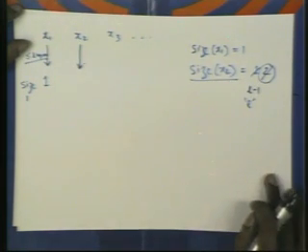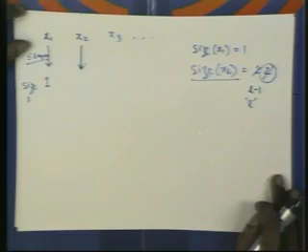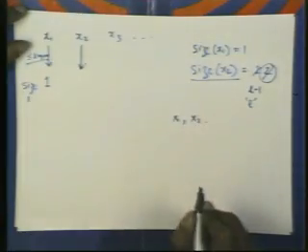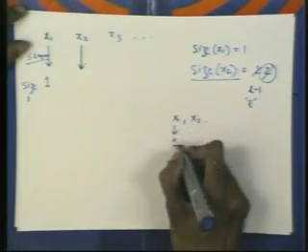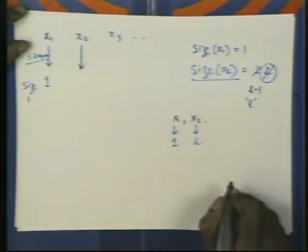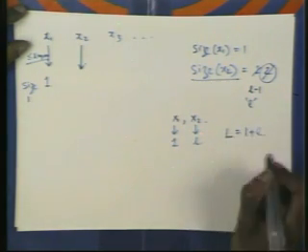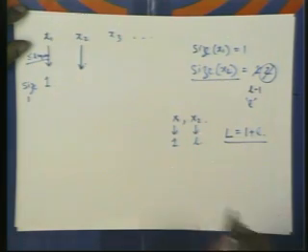Okay. Let's just look at the 2 element case. Supposing I just had 2 elements, x1 and x2. Supposing x1 had size 1, x2 has size L, and my capital L has to be 1 plus L. Now what can we do?